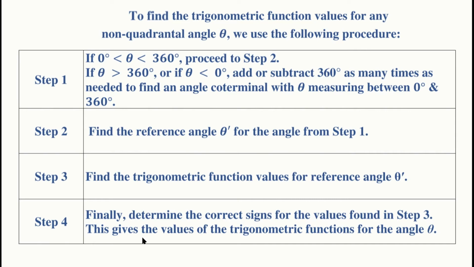So very simple if we know how to find the coterminal angle and the reference angle. That's why both of those procedures are extremely important. But once we do that, we can find the trigonometric function values for any non-quadrantal angle.